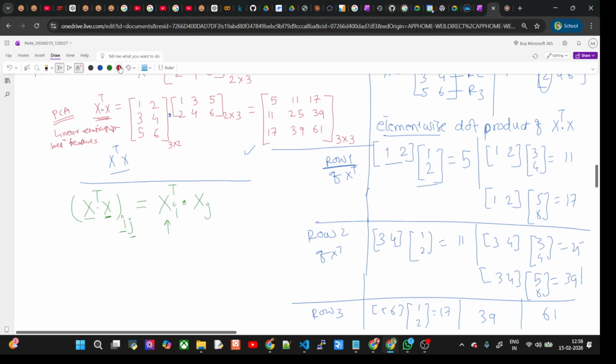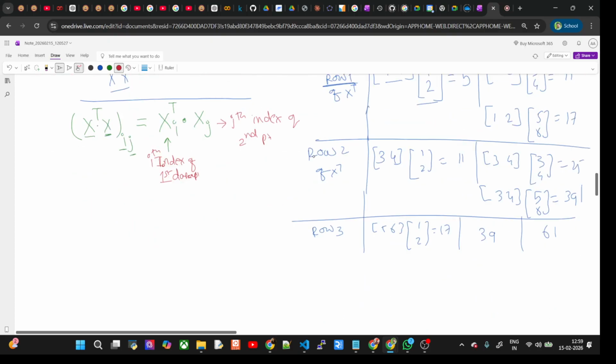This is the index of the ith data point, and this is the jth index of the second data point. This concept will help you in what I am going to tell you next.